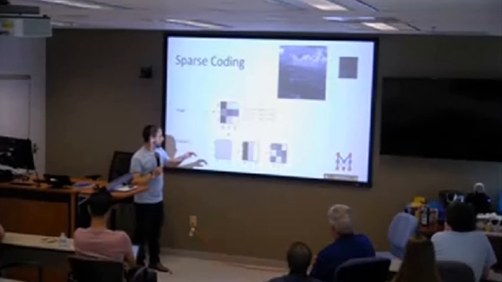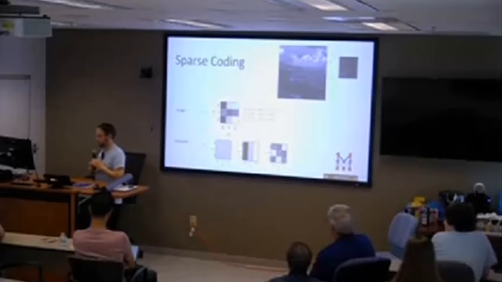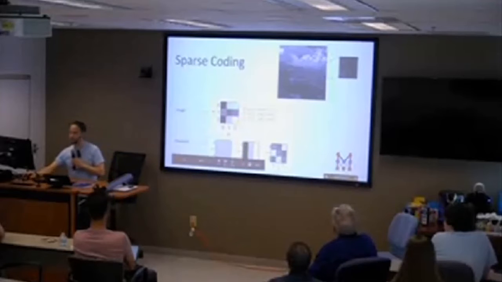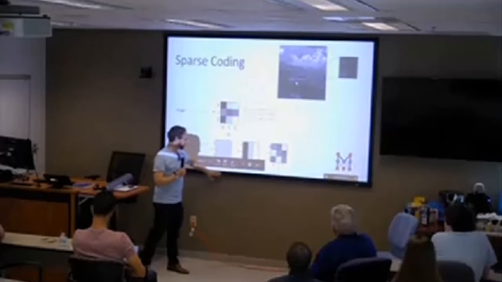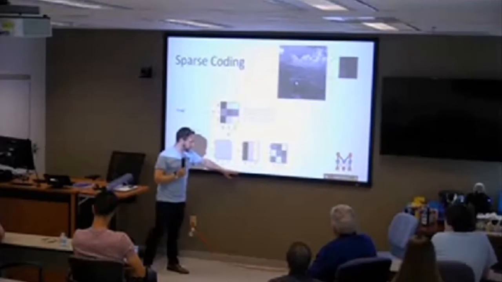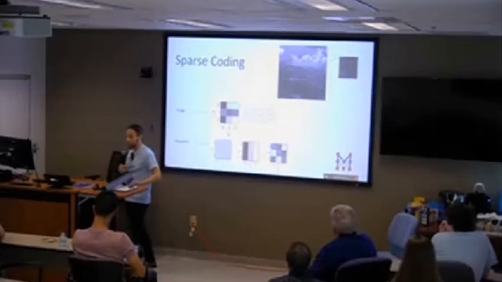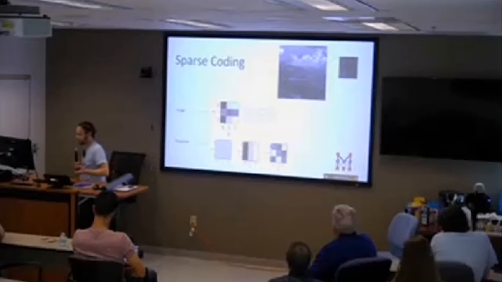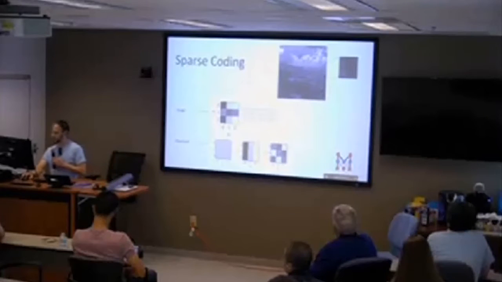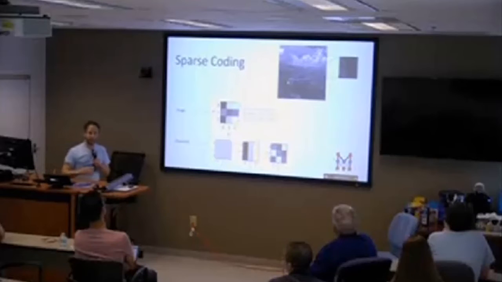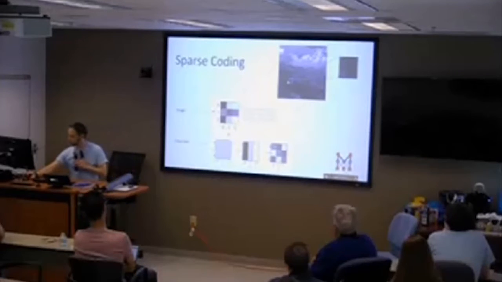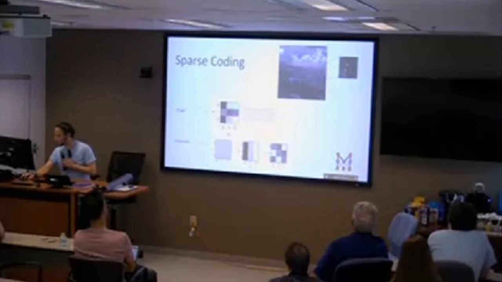So what does it mean? Well, let's say we have natural images, and this is very important. The images have to come from nature. Remember, you have to have that kind of structure that we talked about: large regions where not much is going on, but every once in a while, things happen. There are objects, there are edges. So if you take a natural image and break it up into patches, here we're zooming in. Let's pretend this is a patch of this image, and then we're going to take an even smaller portion of this.